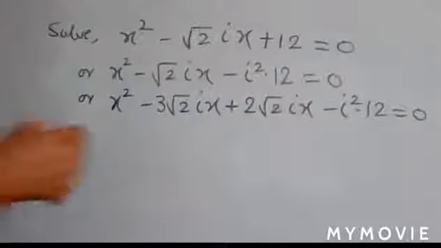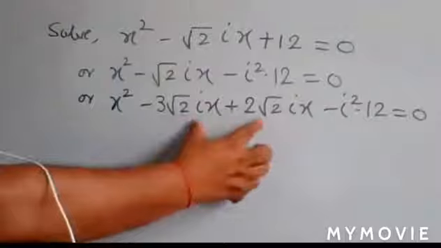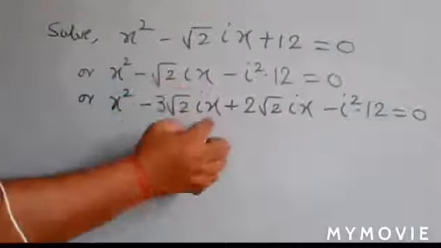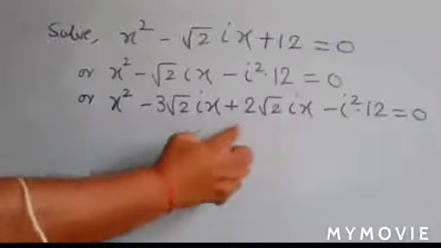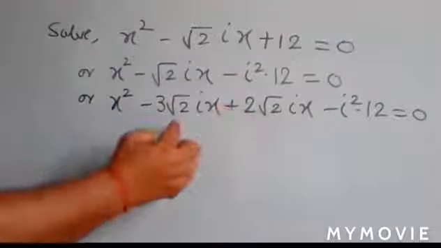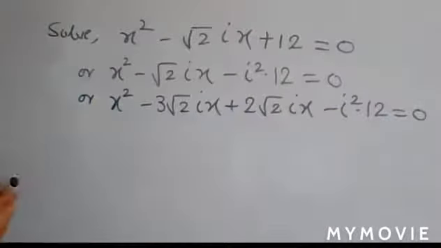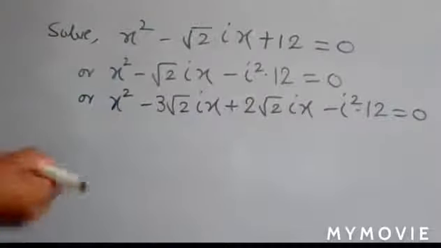Now just check it. If you add these two numbers, you have minus root 2. Now if you take the product, you have minus 3 into 2, and root 2 into root 2 is 2, so that is equal to minus i square into 12. Understand? So that is correct.